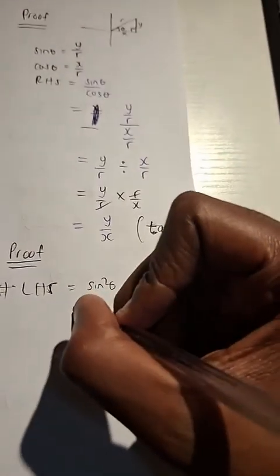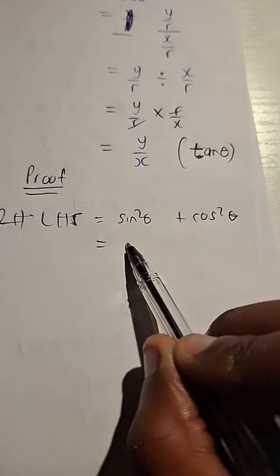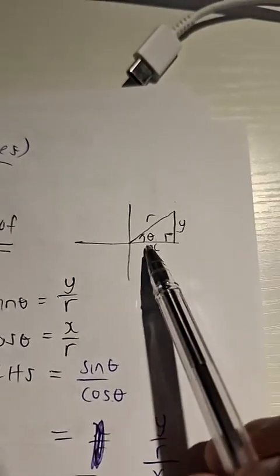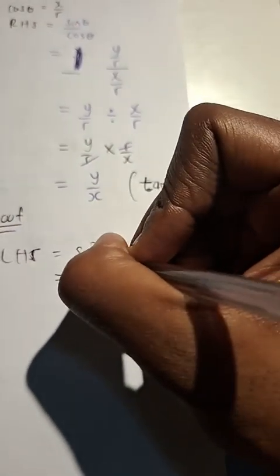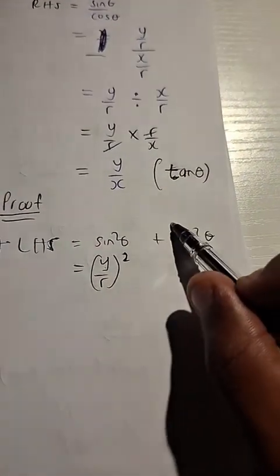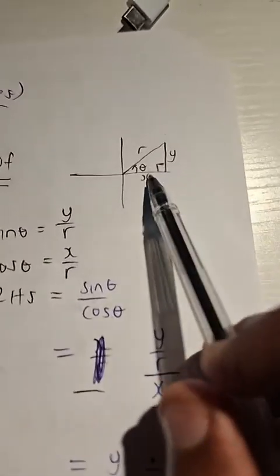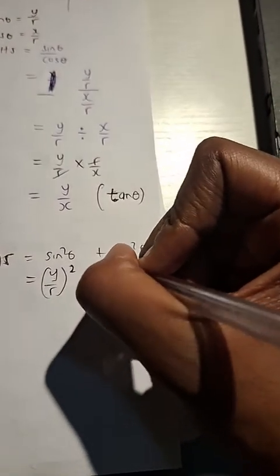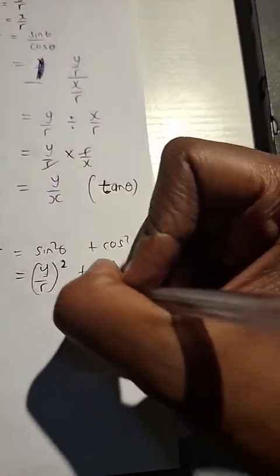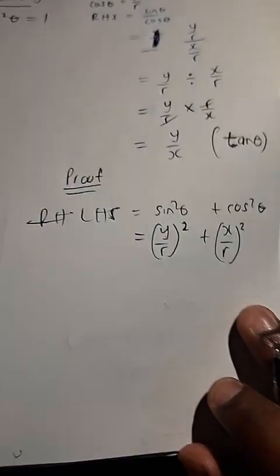This time round, what is sine in terms of y, x, and r? Sine is opposite over hypotenuse, so it's y over r. But then what do we do? We square it, right? What about cos theta? Cos theta is x over r. Then we square it as well, right?